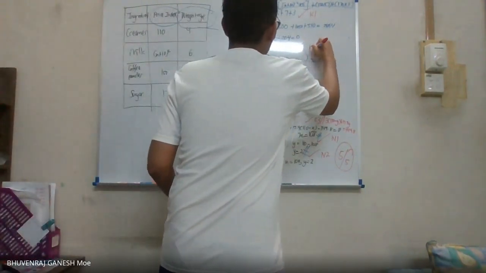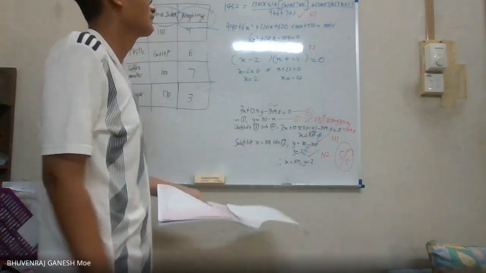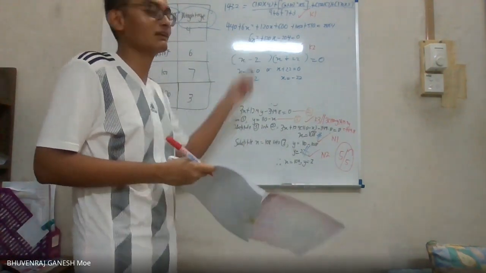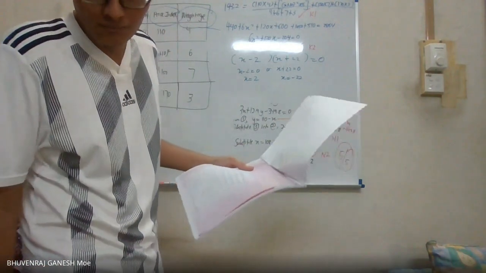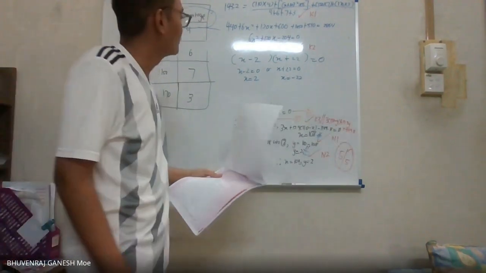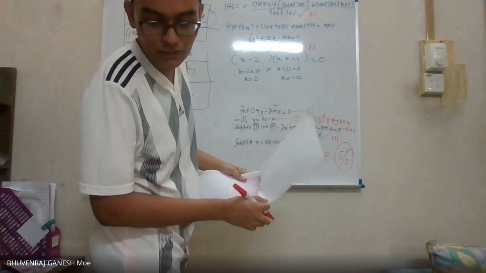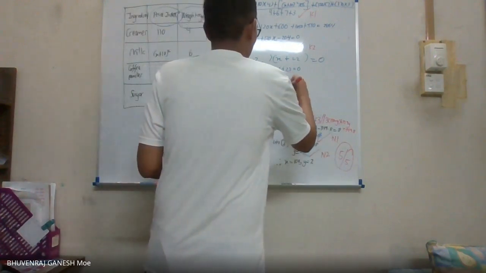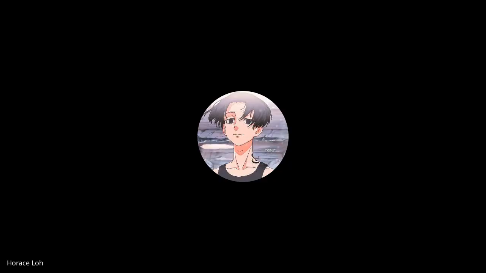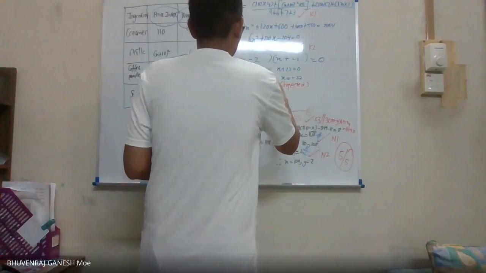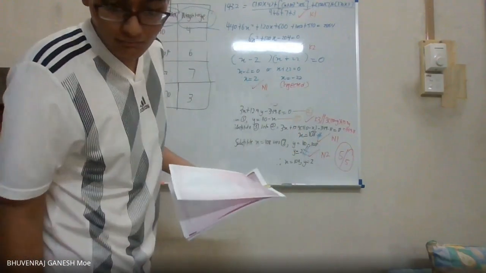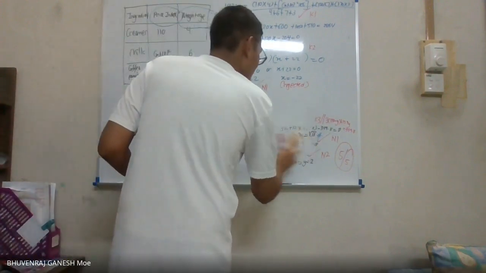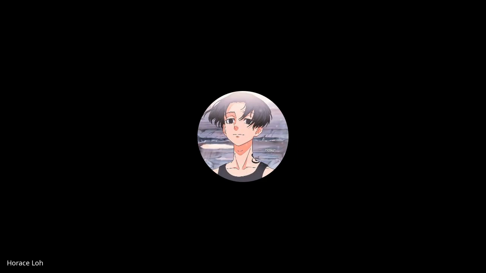After you do all the steps, you group the like terms, make it into quadratic form, and then simplify. This is the second mark. Next is finding the positive value of x, so here you write rejected. This is the third mark, and next you must substitute back the positive value.